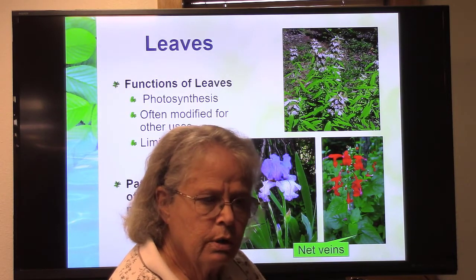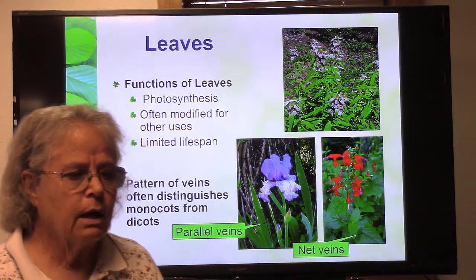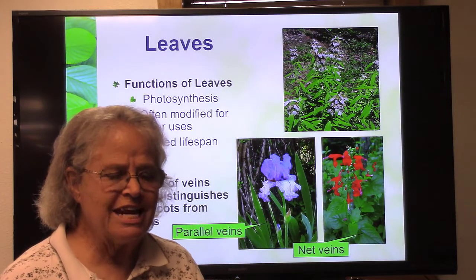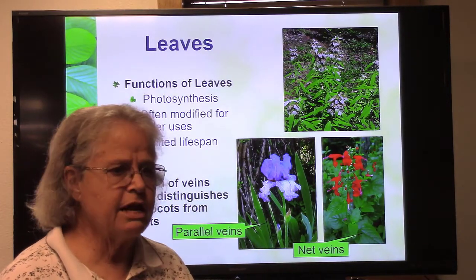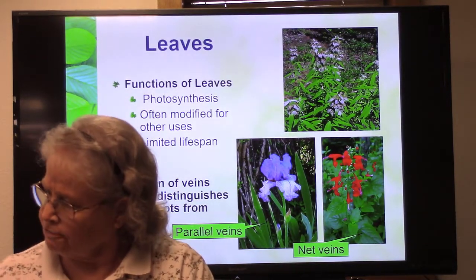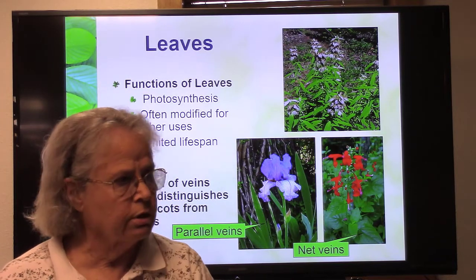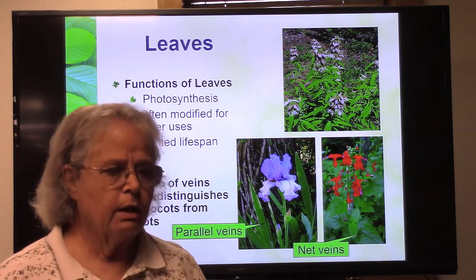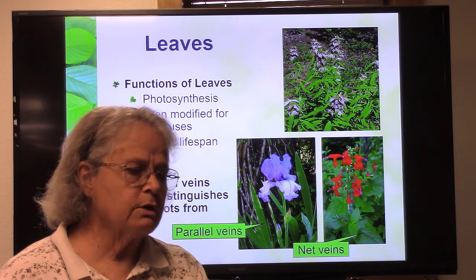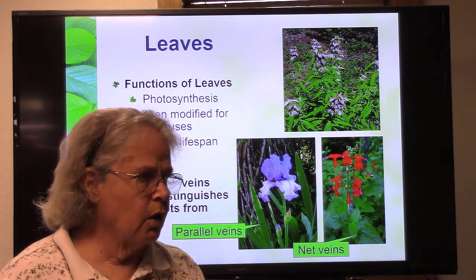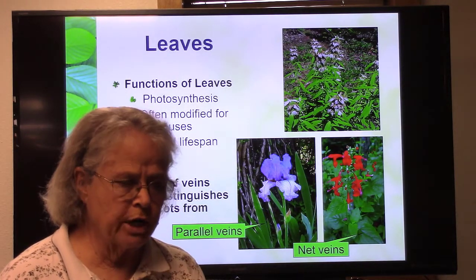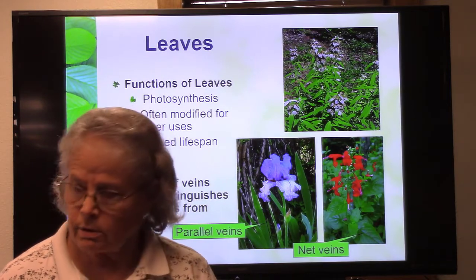The 2 tree leaves there, those are called net veined, because the veins are forming a network. They're not all going parallel. But the ones on the oak are called pinnate arrangement. Pinna is feather.